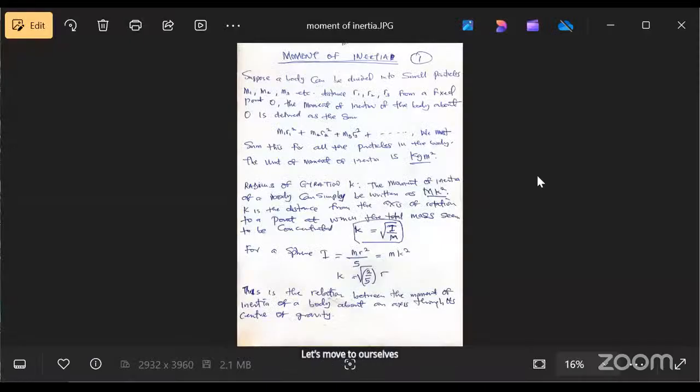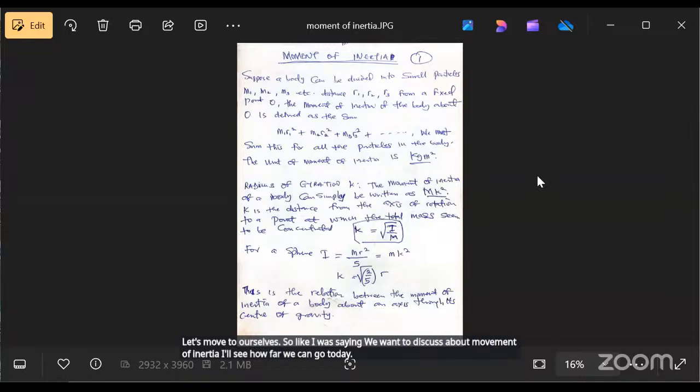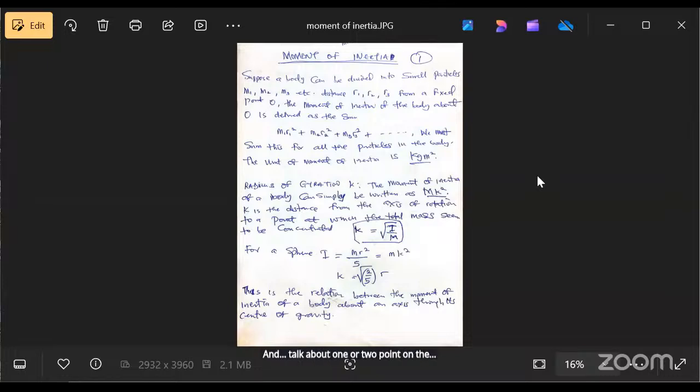So, like I was saying, we want to discuss moment of inertia and see how far we can go today, and talk about one or two points under Newton's law, the one that has to do with rotation, that is important to us at this point.